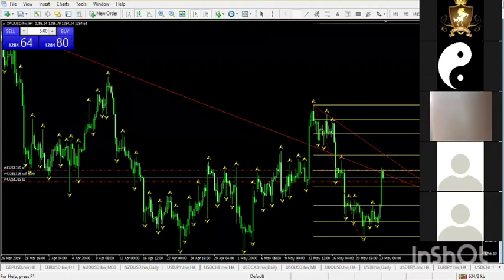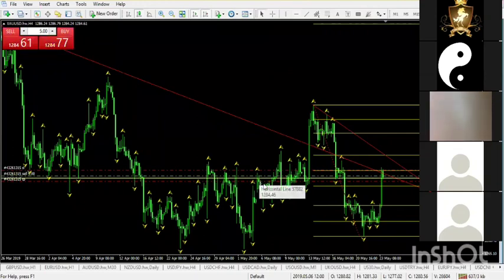So the pivots that I had located, we have one open close pivot here.